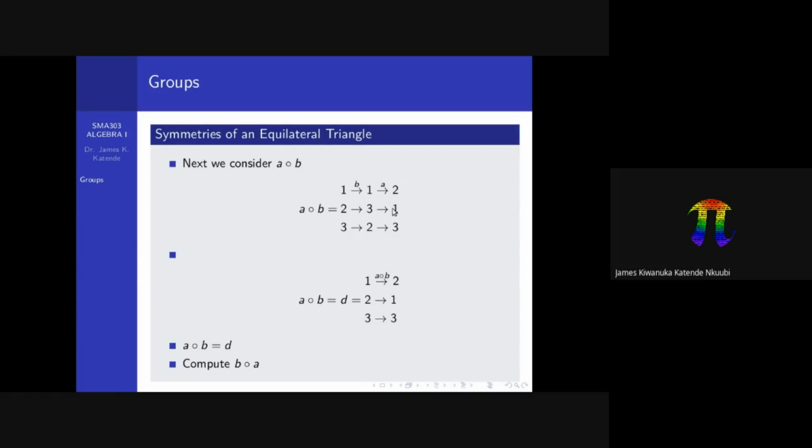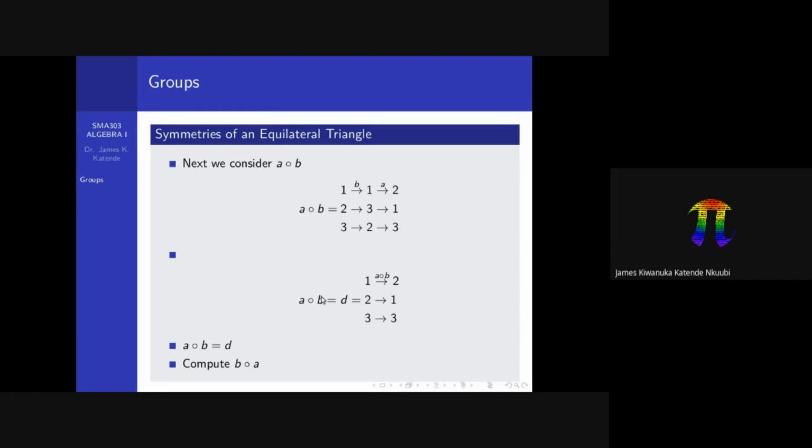Then A will act after that. Remember, A takes 1 to 2, it takes 2 to 3, and it takes 3 to 1. So when you compose A and B, what will happen is that 1 will eventually be taken to 2, 2 will go to 1, and 3 will go to 3. And now the composition is illustrated here. It's shown here. So the composition of A and B turns out to be D. Remember, D is a reflection about the altitude that passes through the vertex 3, which leaves 3 fixed and switches 2 and 1.